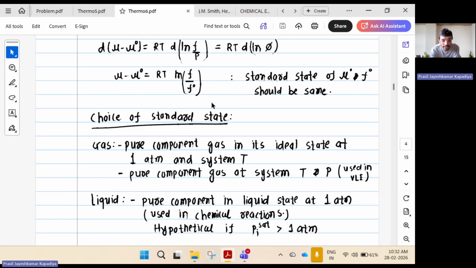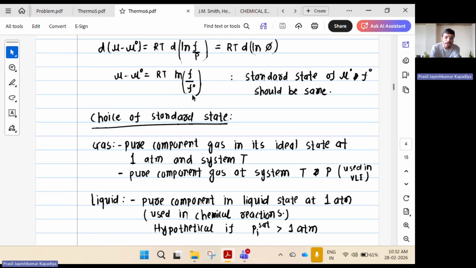Even when I'm not taking my standard state at the ideal gas state, whatever state I'm choosing should be the same for the computation of both these terms. So how to choose a particular standard state?